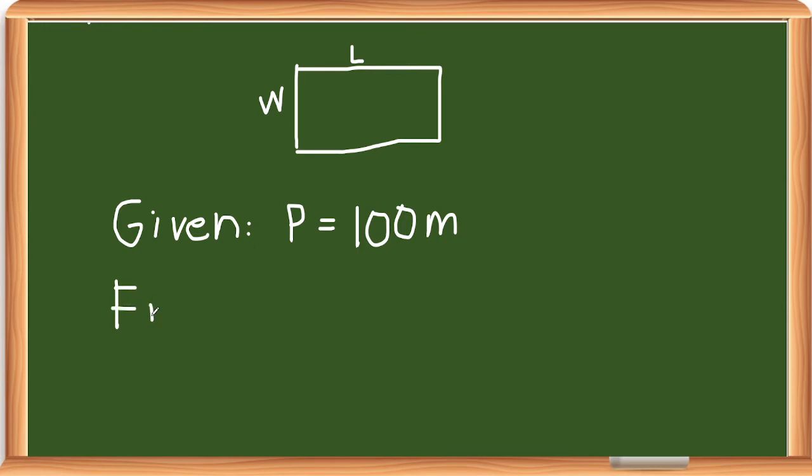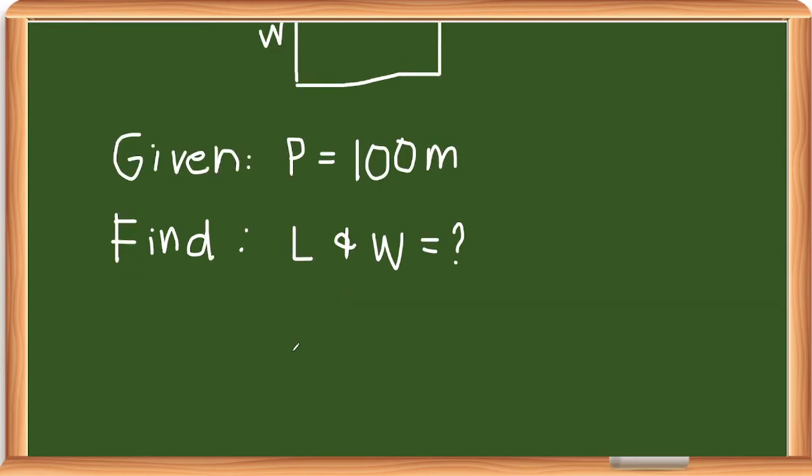You're going to find the dimension of the rectangle, which is the length and the width. Okay, so what's going to be the length and the width? Ngayon, sabi ko nga sa inyo, kapag nag-solve ng problem, alamin mo kung ano yung relationship ng given at nung hinahanap.